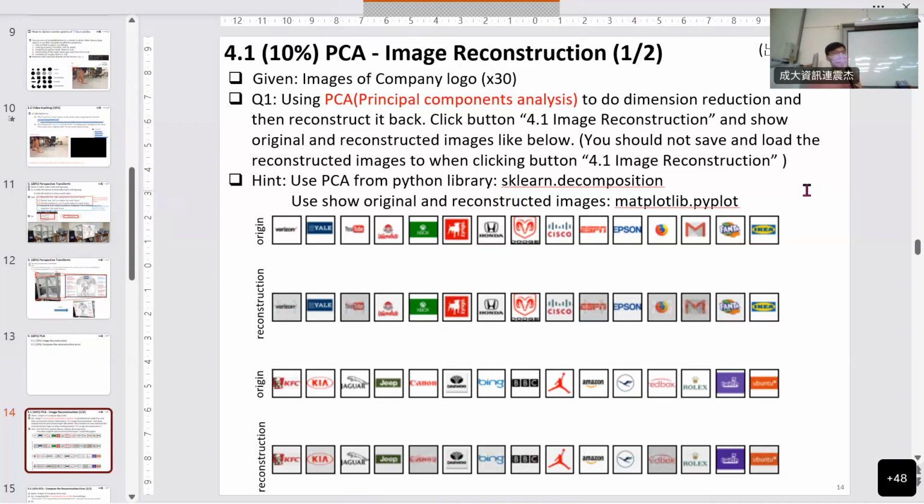After you do the reconstruction by clicking the first section button, we need you to show us the 30 original images and the 30 reconstructed images.